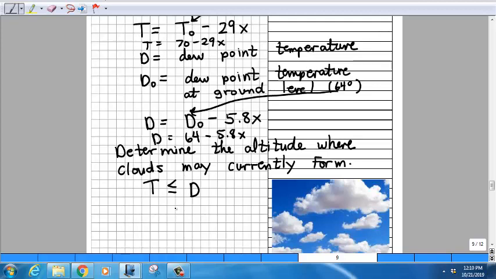What's my formula for T? 70 minus 29x. And that's less than or equal to, what's my formula for dew point there? 64 minus 5.8 times x. And now we just have to solve that inequality.